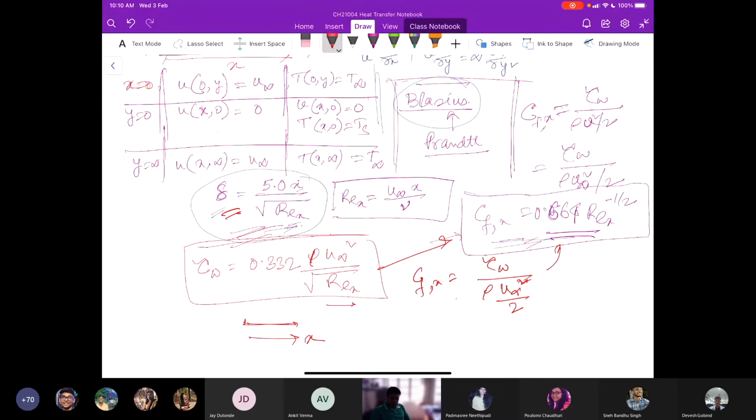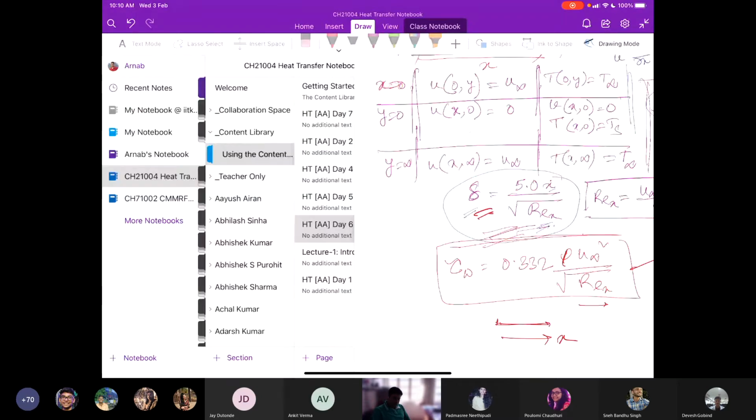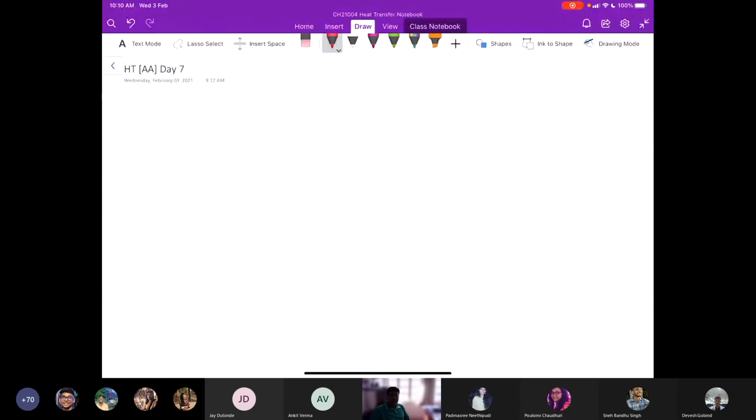Now we mentioned that we will see how to have the energy equation, because these were the hydrodynamic boundary layer cases. So how do we get the energy expressions, or how do we estimate the thermal boundary layer thickness?